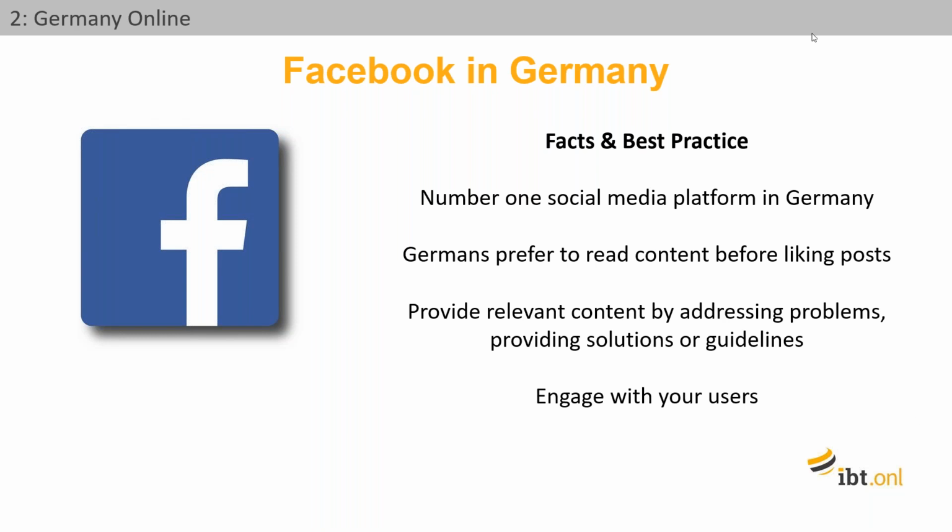And the last point, as mentioned before, Germans like to leave reviews and state their opinion, especially if they are unhappy with your service. So take this constructive criticism, and it can definitely help your business to develop. So just get in touch with the people and try to solve potential issues for the future.